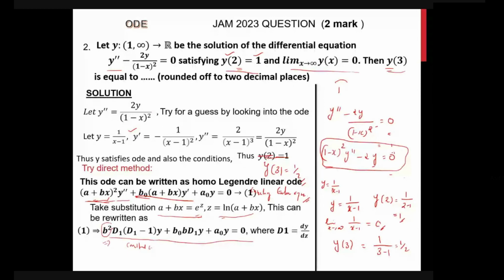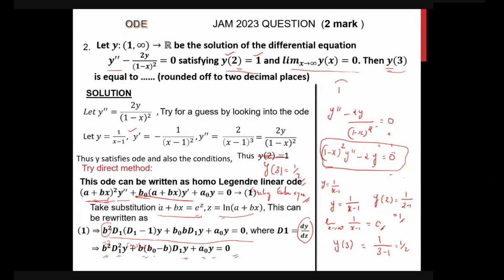Here, this is the constant coefficient, and D1 is the derivative dy by dz, and you should study this. In this case, we can rewrite it as b squared D1 squared y plus (b naught minus b) D1 y plus a naught y equal to 0.